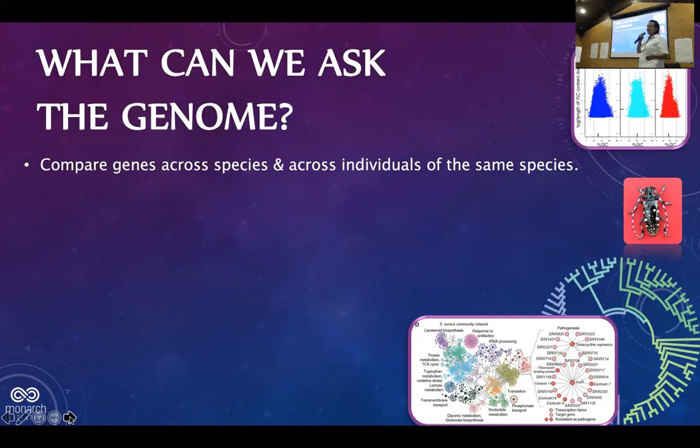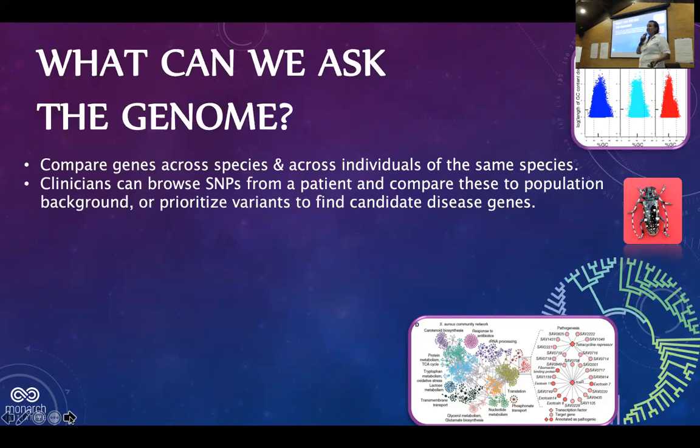You can compare genes across species and across individuals from the same species. In clinical settings, you can look into SNPs and your own data. You can compare a patient versus a background population, or you can prioritize variants to try to find candidate genes for disease and for phenotypes.